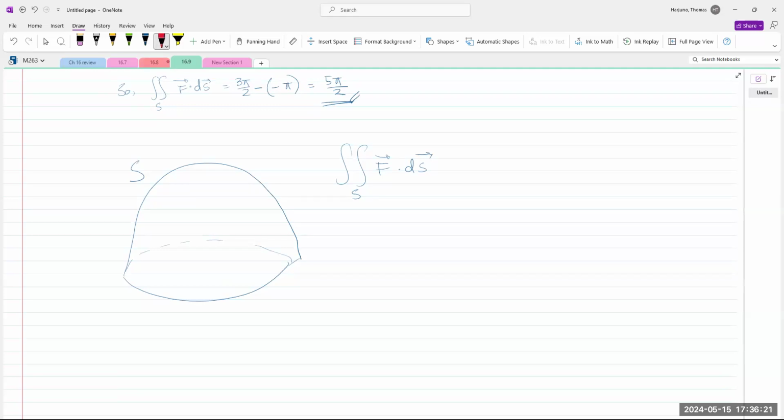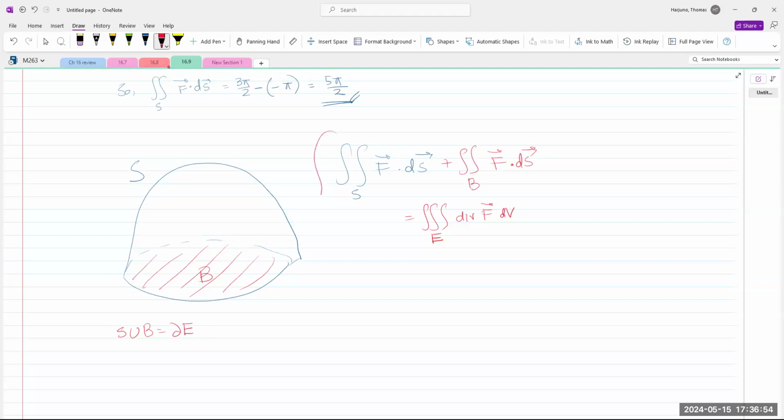So I enclose the bottom, I call that B, where S union B is now the boundary of solid E. Then the double integral over S plus the double integral over B of f dot dS is equal to the triple integral of the divergence of vector field F dV over the solid E, right?